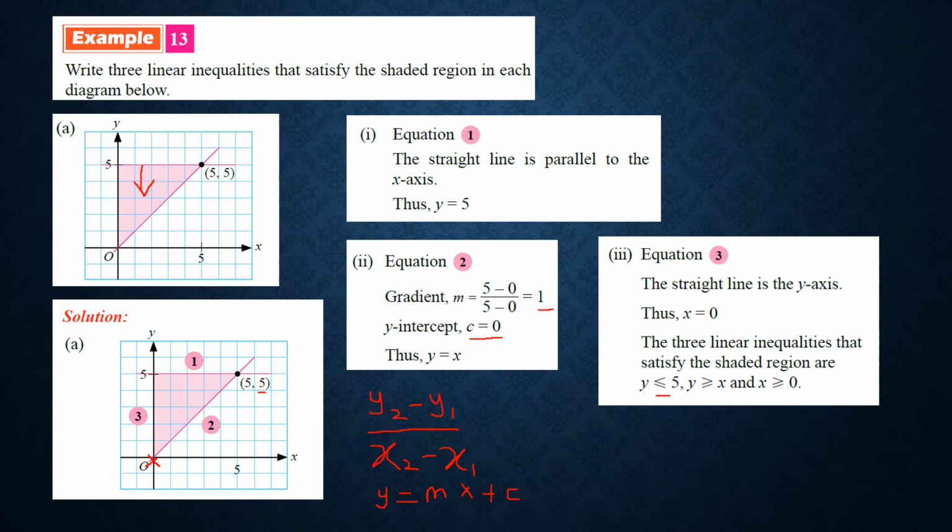Then the second one is going up, so y is greater than or equal to x. Then for the y-axis here, x equals 0 is going to the right, so x is greater than or equal to 0.